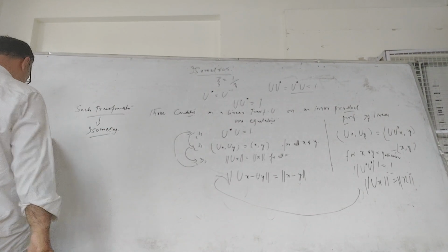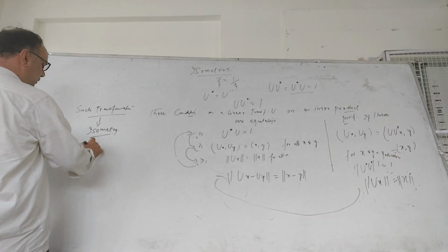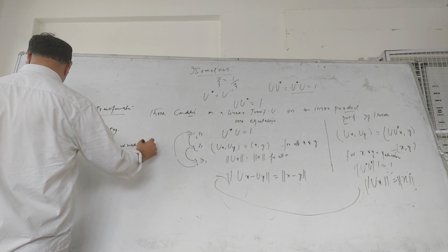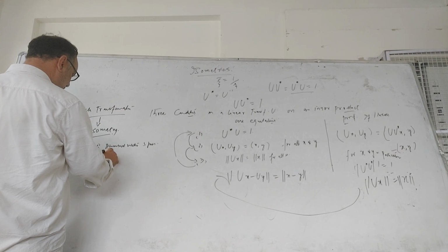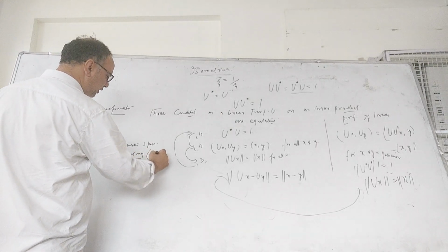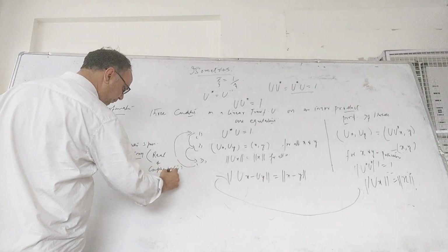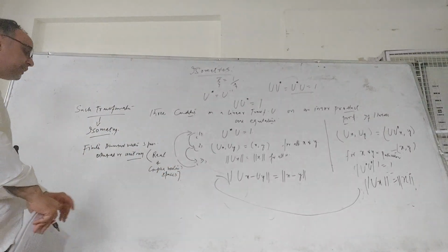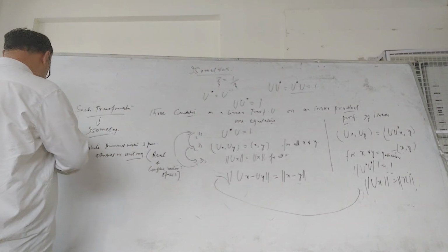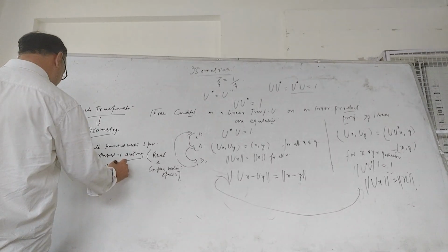Isometry is a very general word, but in the context of finite dimensional spaces, which are orthogonal or unitary, because the word unitary contains both real as well as complex vector spaces, whose inner product gives a certain value in those dual spaces, and on finite dimensional spaces, further this U inverse is equal to U dagger, this is the property.